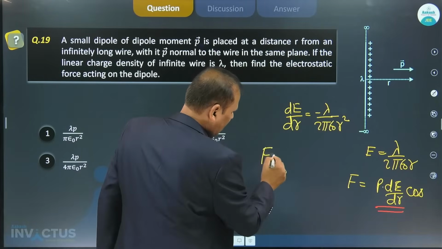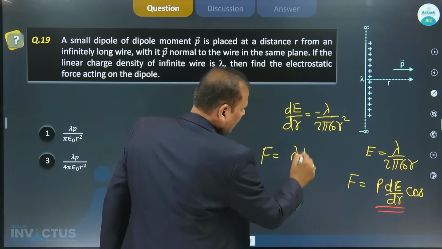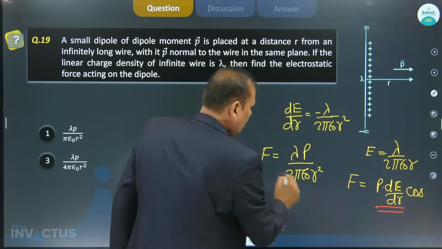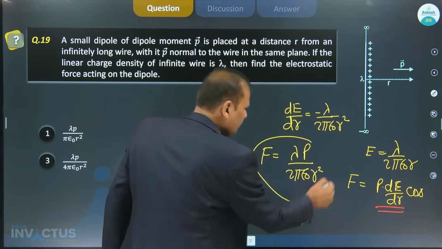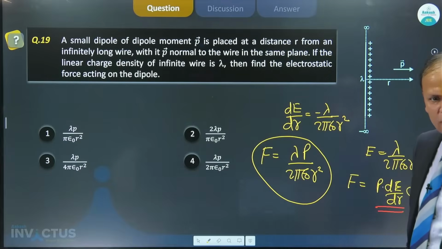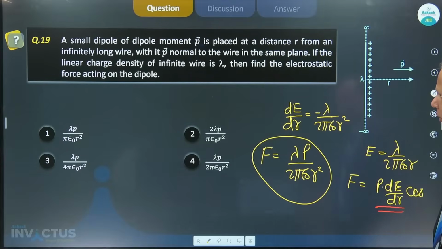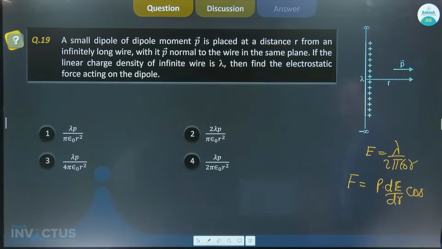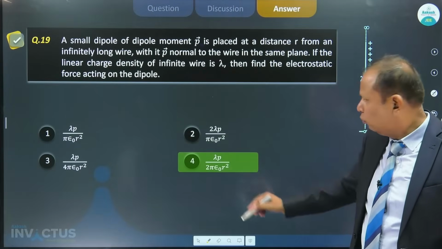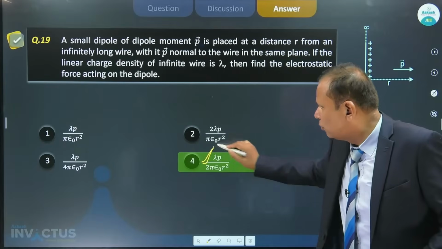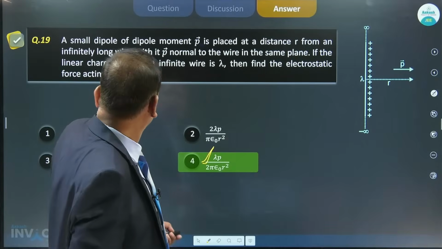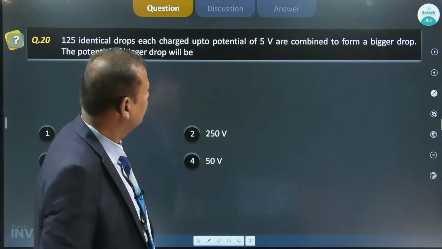So certainly force is equal to lambda P by 2 pi epsilon naught R square in magnitude. If you take minus sign, it will show the direction also. So we can see the answer. Lambda P by 2 pi epsilon naught R square. It is the right answer. So let's move to the next question.